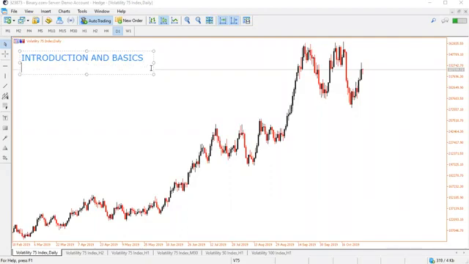We'll be looking at the basic movement of VIX, and again, some technical analysis. All right, so these are the things that we'll be looking at for today.